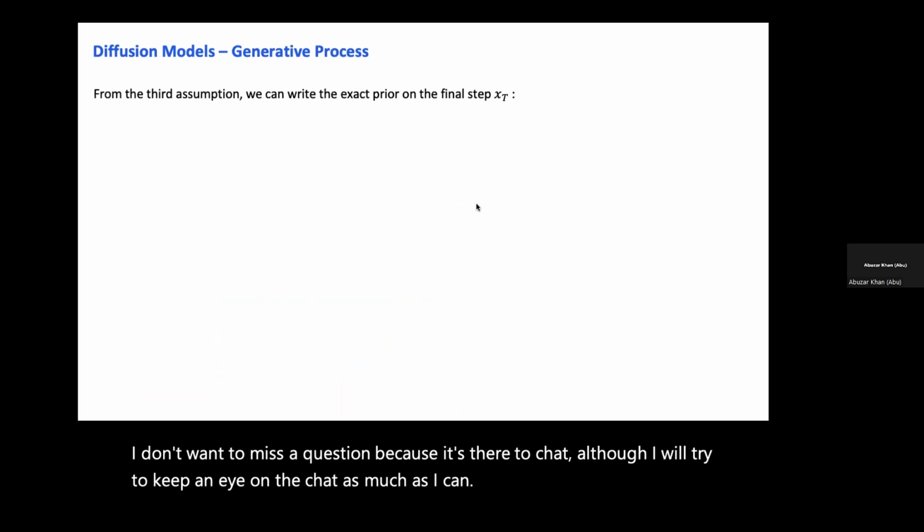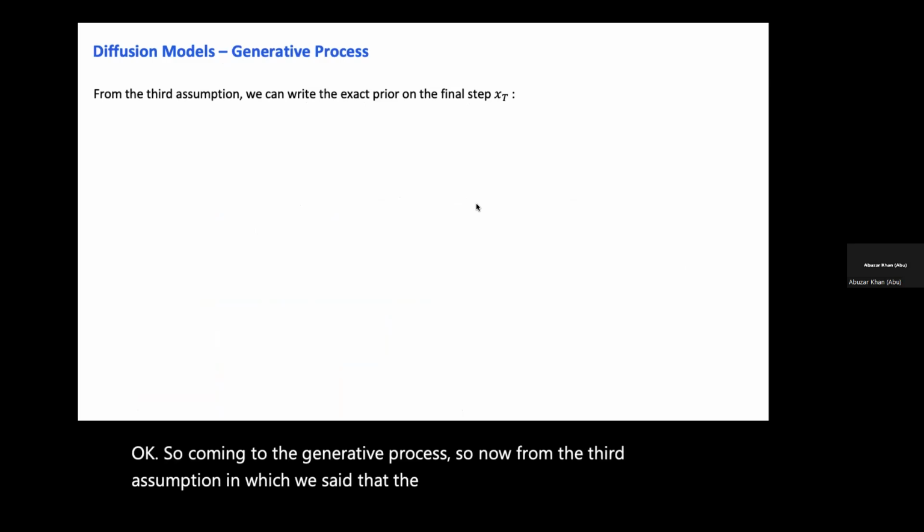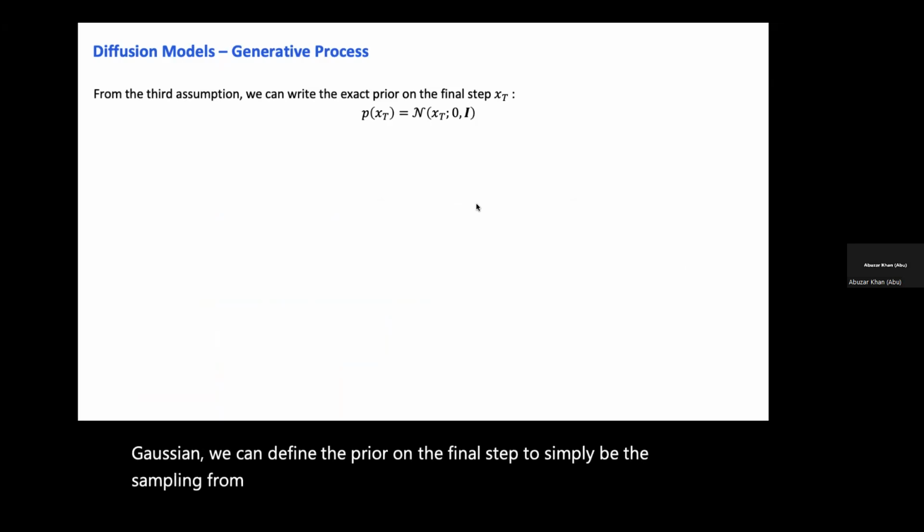Okay, so coming to the generative process. Now from the third assumption, in which we said that the final step should reach an isotropic Gaussian, we can define the prior on the final step to simply be sampling from this standard Gaussian.